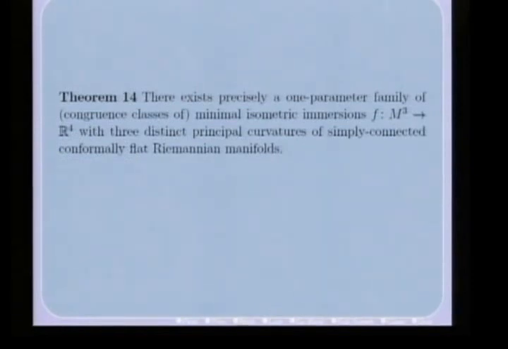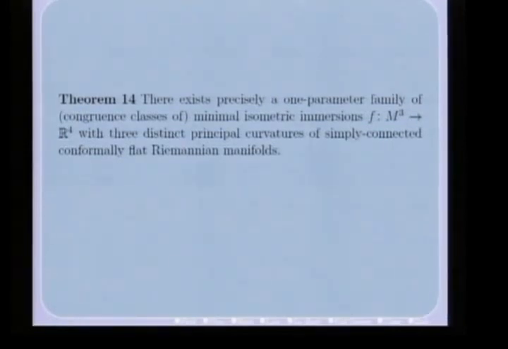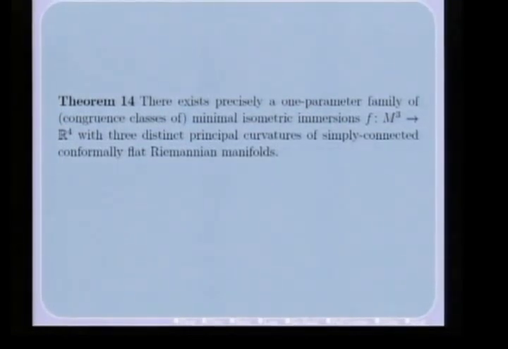And it turns out that the answer in this case is yes. And we have been able to determine exactly how many of them do exist. They form a one-parameter family of examples. I will try to be more precise about this statement. There exists precisely a one-parameter family of minimal isometric immersions of simply connected conformally flat Riemannian manifolds with three distinct principal curvatures.